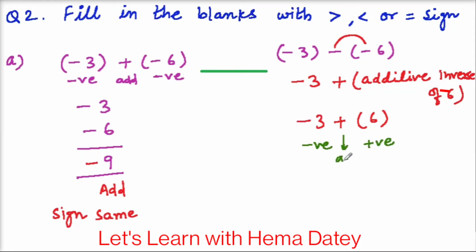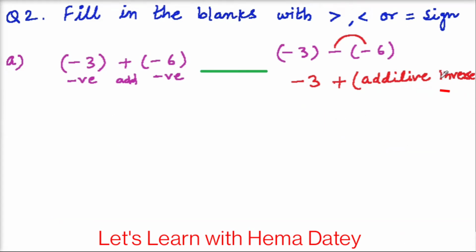We have to add both of them, but their signs are opposite, so they will not be added. 6 is greater than 3, so we will subtract 3 from 6. 6 is having positive sign, 3 is having negative sign, so we'll get the sign of 6, means plus sign.